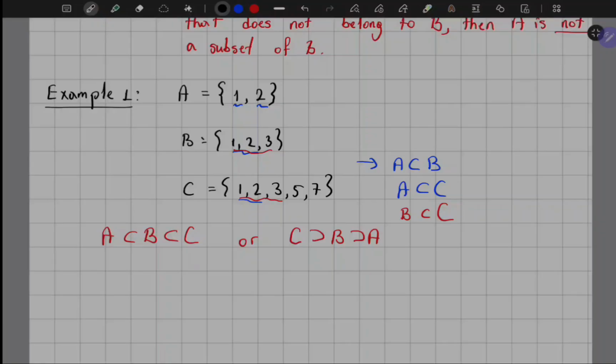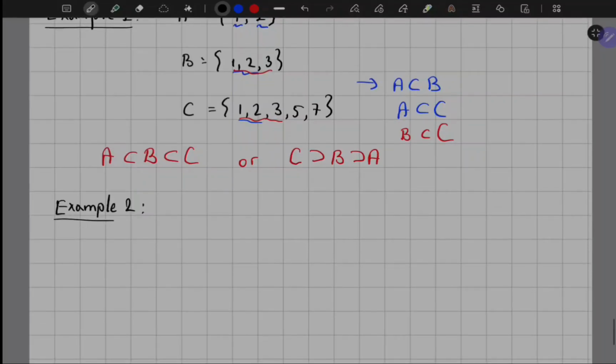Let's write the second example. Example 2. We are given a set A which contains x's such that x is between 0 and 6. Also, x is a natural number. And we have a set B which contains 1, 3, and 5. First, we write set A explicitly.